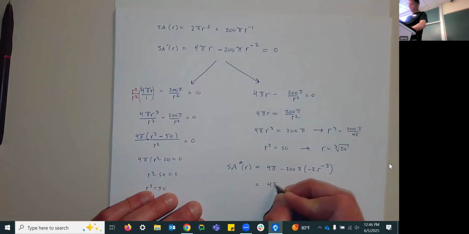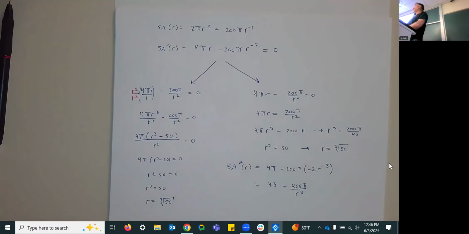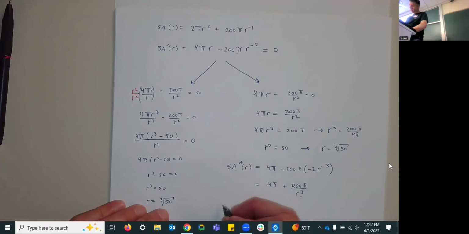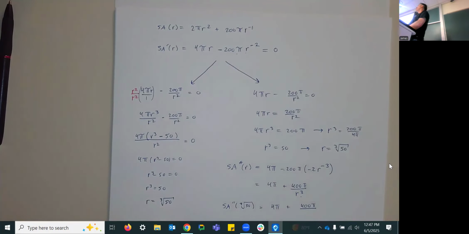It's 4 pi minus times the minus is plus 400 pi over r to the third power. This is actually going to work out great. Because if I plug in the cube root of 50, I'm going to get 4 pi plus 400 pi divided by, you know what, it actually doesn't matter.